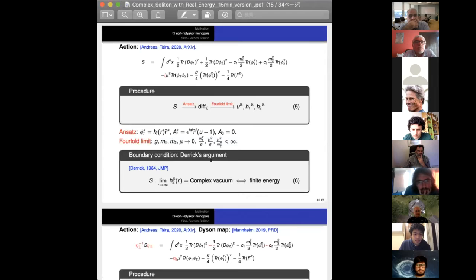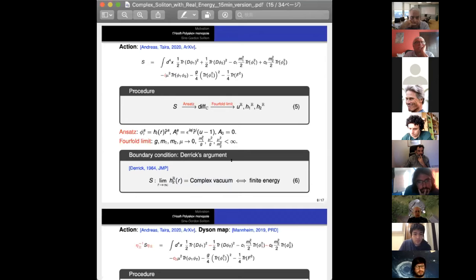This is equivalent to requiring that my solution converge to a vacuum solution at spatial infinity. This is called Derrick's scaling argument. But our solution is real, and the vacuum of this action is complex, so it can't possibly converge to a complex vacuum at spatial infinity. So this seems like the end of the line.